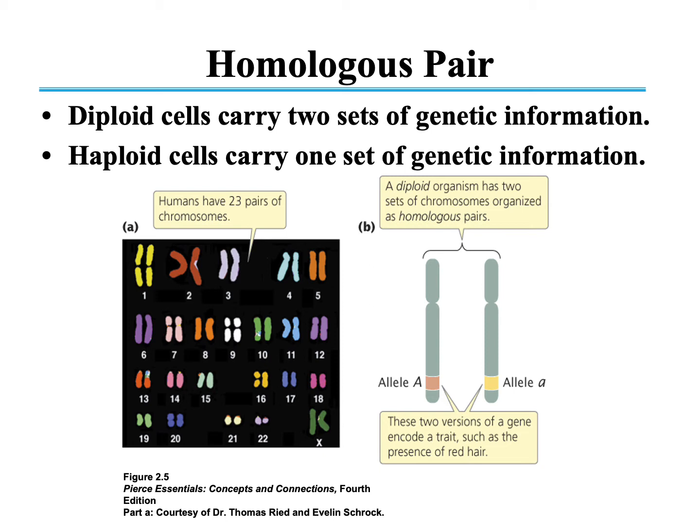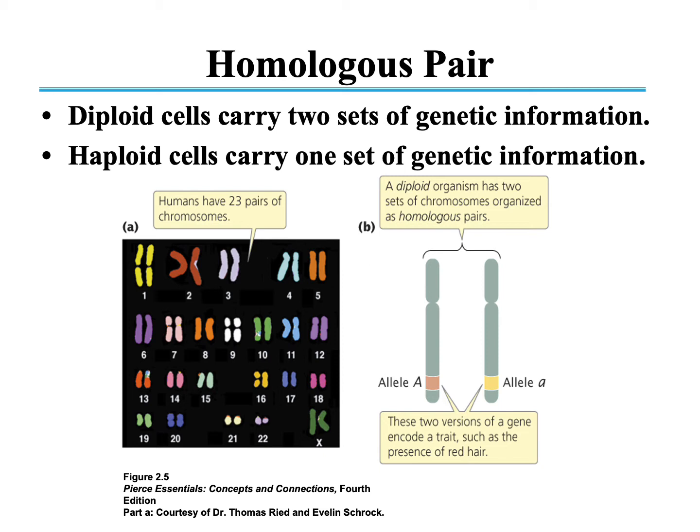In addition to the terms haploid and diploid, I want to add the term chromosome. Now, a chromosome is defined as a structure that houses the genetic material and is typically made up of both proteins and DNA. DNA, of course, is the genetic material, but chromosomes are the specialized structure that the DNA is complexed in overall.